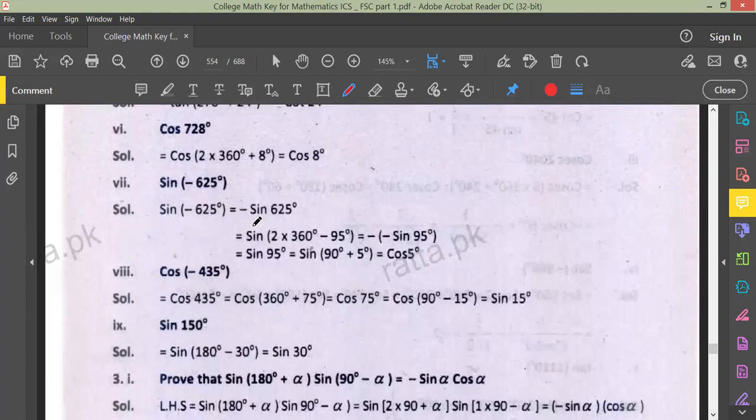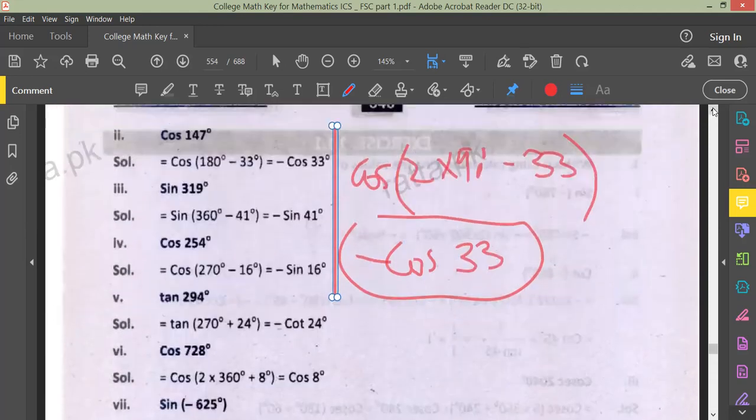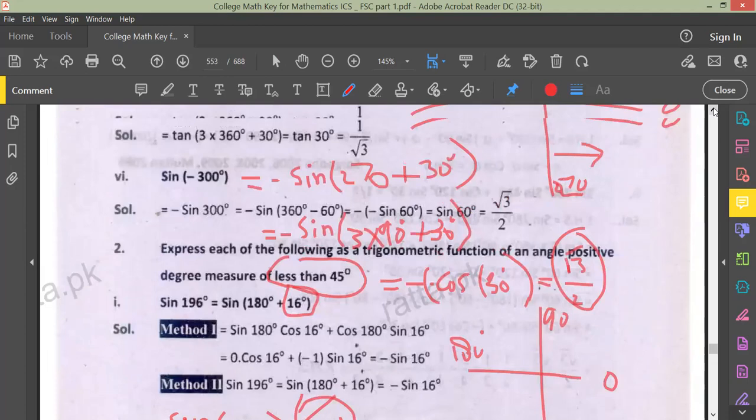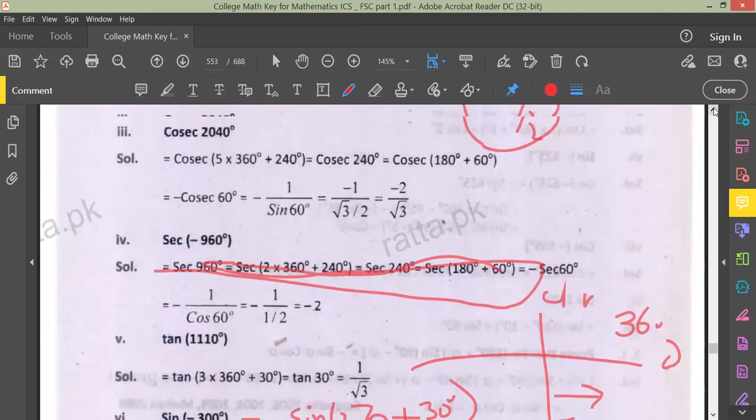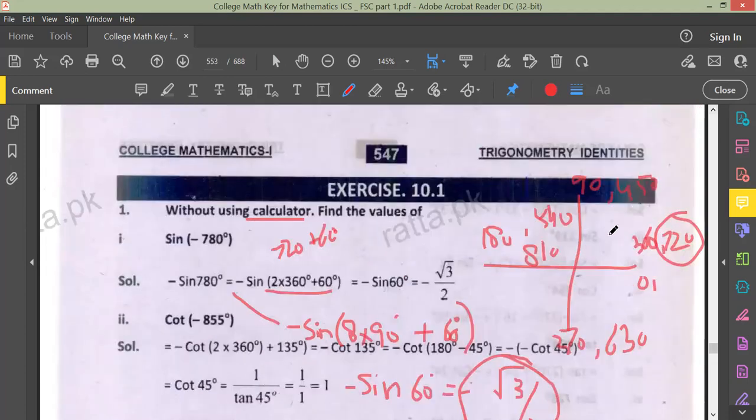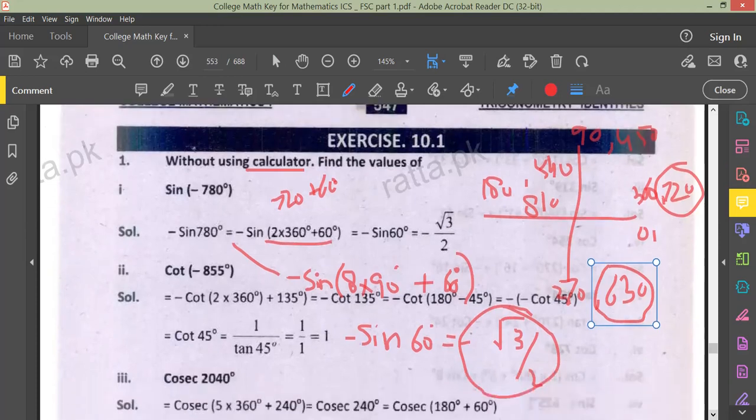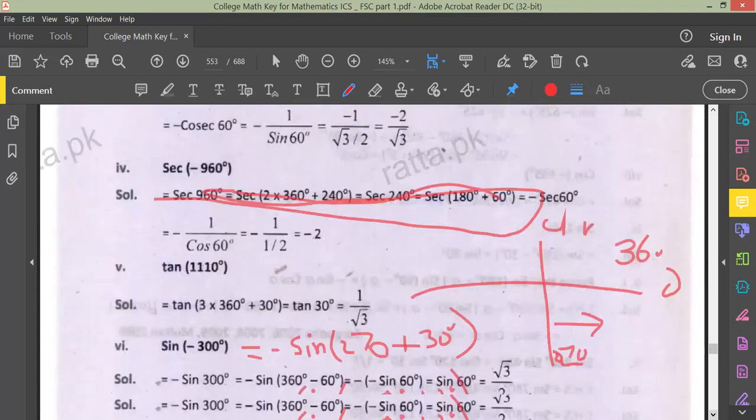Similarly, another question will be, if there is sine of minus 625, you can write it as minus sine of 625. You can simplify 625. This is 630. So you can write this as 630 minus 5, and this is in the fourth quadrant.